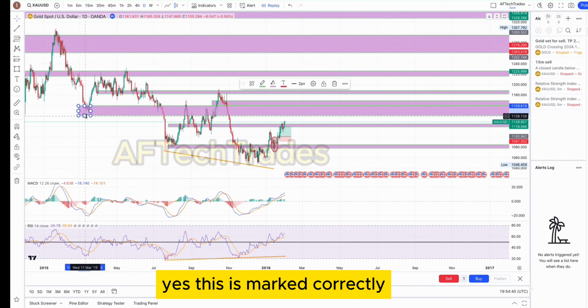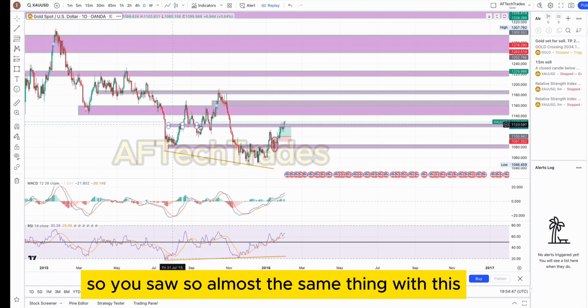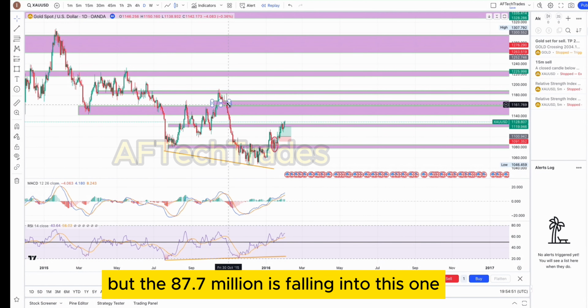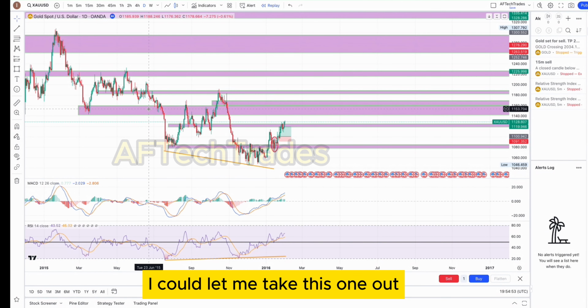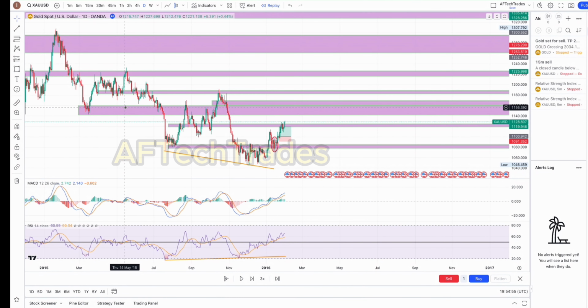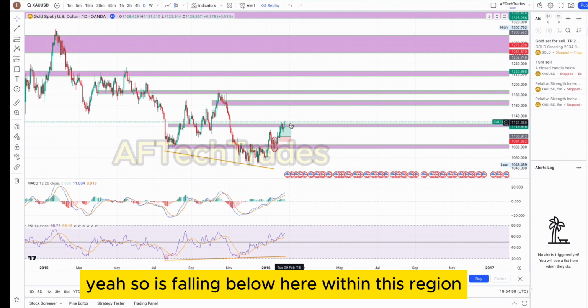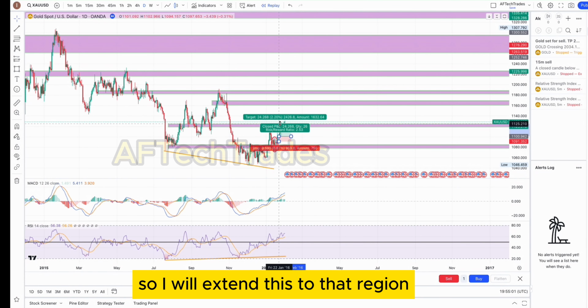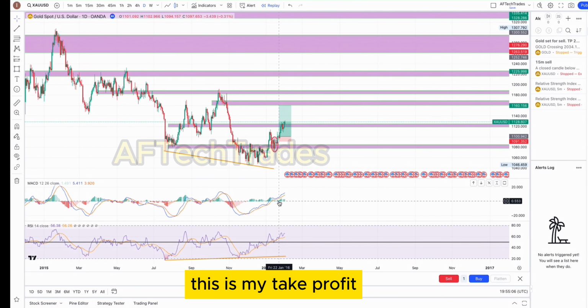Yes, this is marked correctly. So it's almost the same thing with this, but the 87.37 region is falling into this one. Let me take this one out. Yeah, so it's falling below here within this region. So I will extend this to that region. This is my take profit.